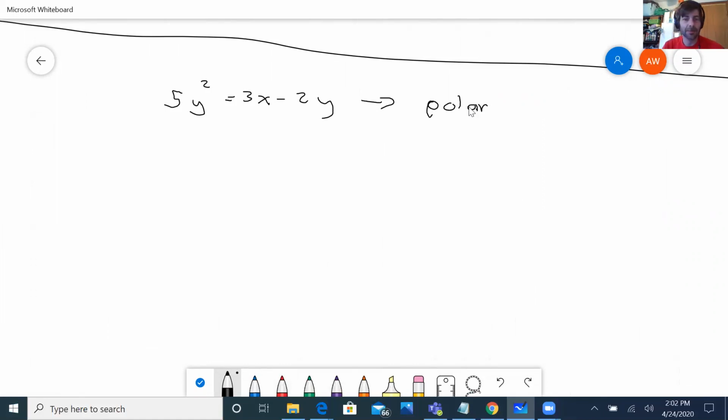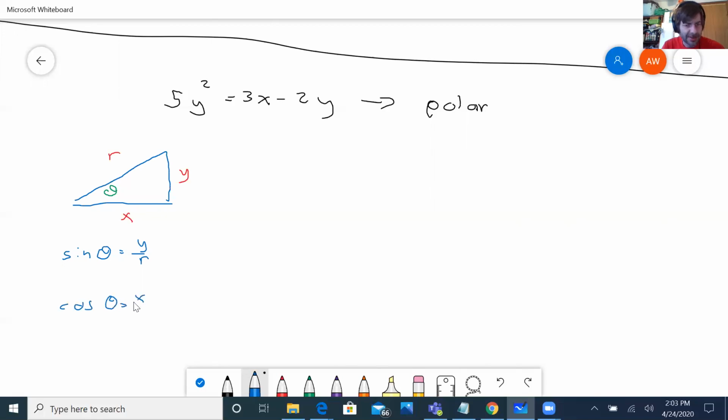If you go back to the beginning, if you just think about a little triangle, that's r, y, x, and that's theta. Remember I said that the sine of theta is y over r, and the cosine of theta is x over r.